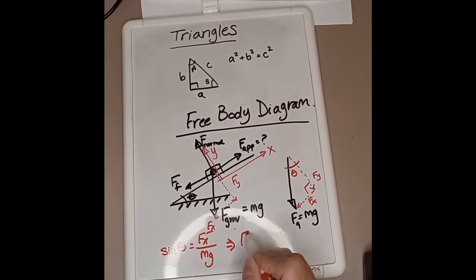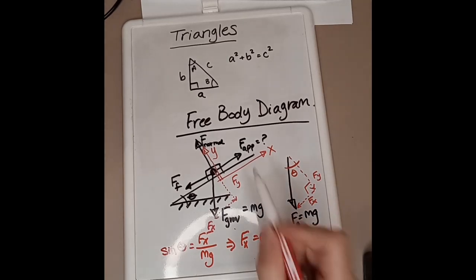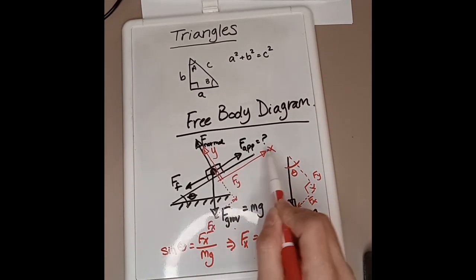Solving for Fx, we get mg times sine theta. The whole reason you would be finding these x and y components of the force is so that you can balance the forces, so that you can figure out what is the overall force needed to pull this.